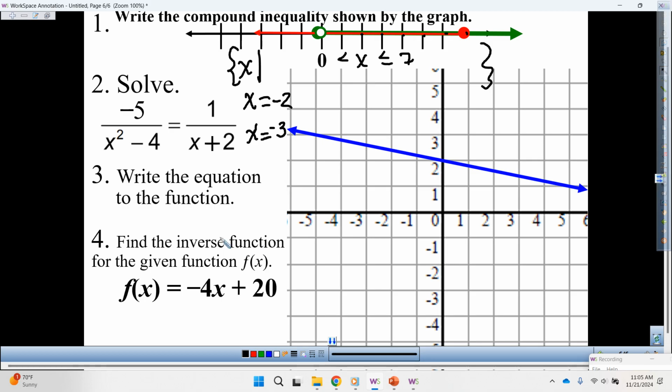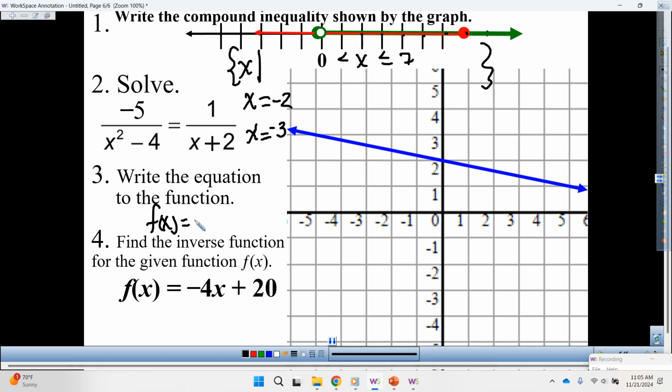Number 3, I need an equation for number 3. F of x equals what? Pass it to someone. Caesar. Rogelio, f of x equals? All right, help him out, Sebastian.